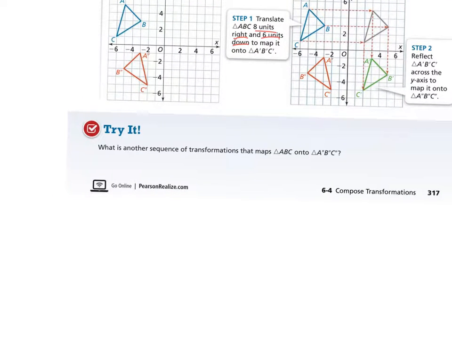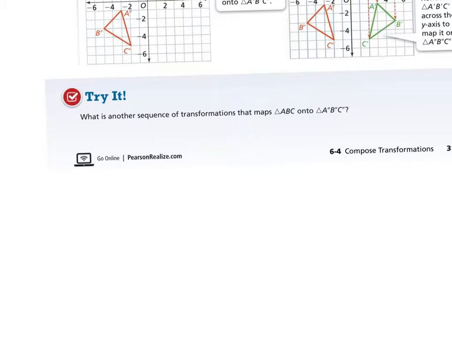So the try it says what is another sequence of transformations that maps from the one triangle to the other triangle. Well, another thing we could do would be if you do that in a different order, actually will make this work also.